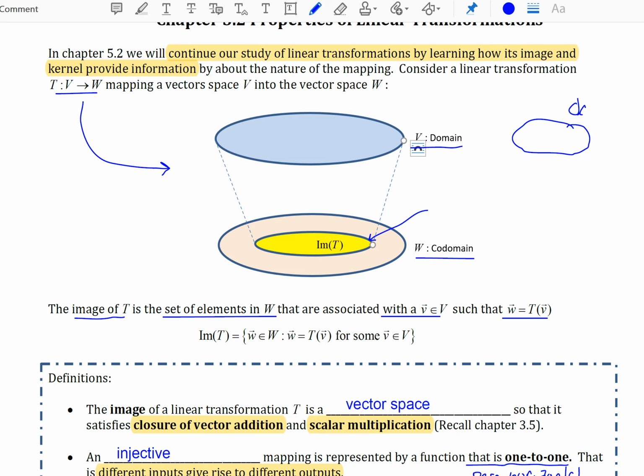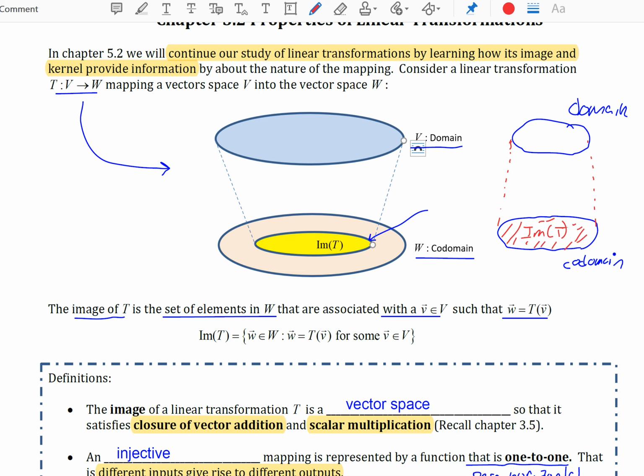Here's your domain. Here's your codomain. And maybe here, your image of T is all of your codomain.